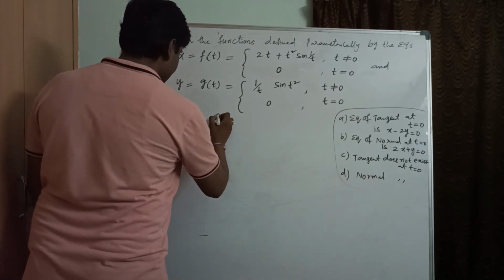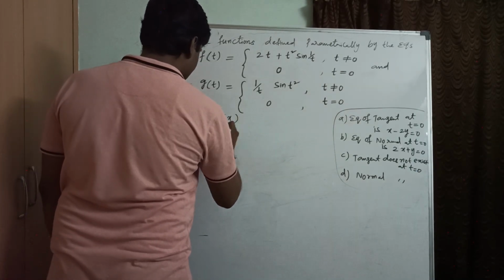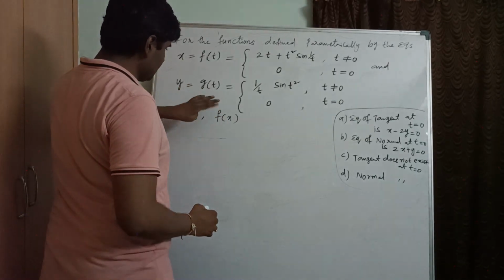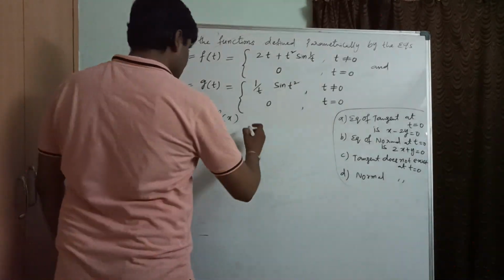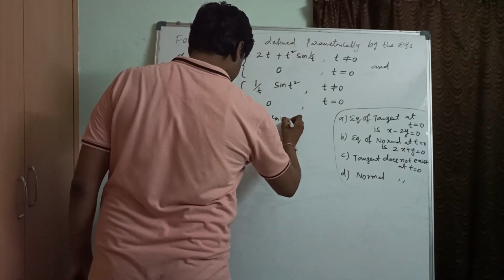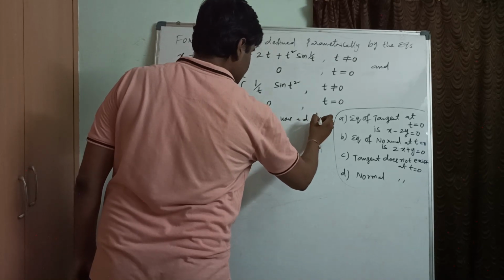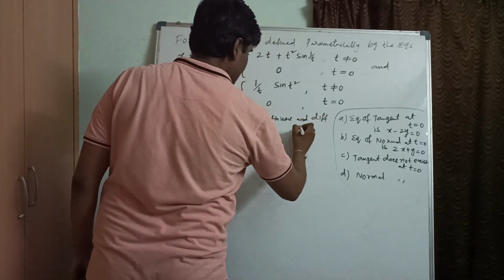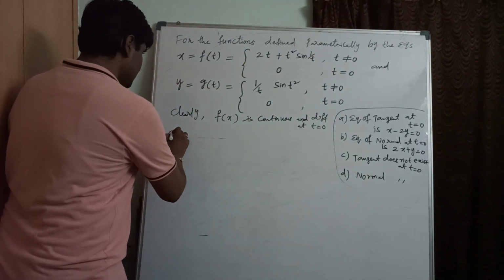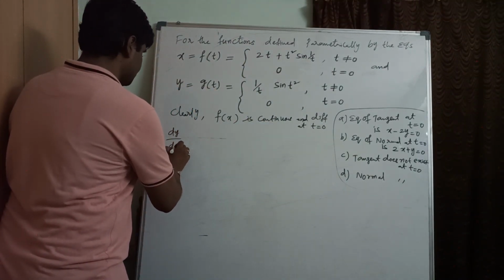So clearly y equal to f of x is continuous and differentiable at t equal to 0. Okay, so now let us find dy by dx.